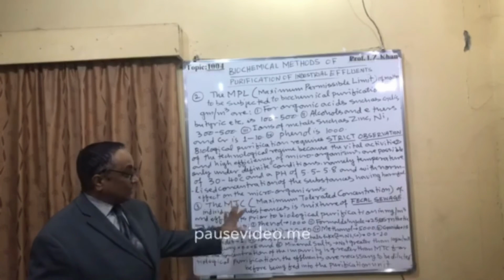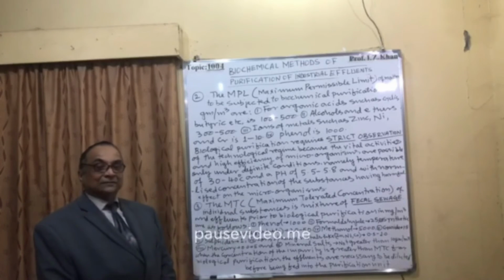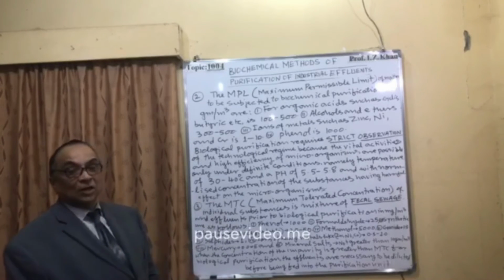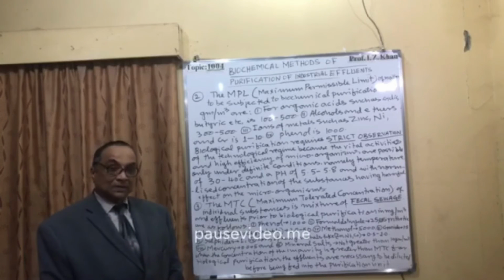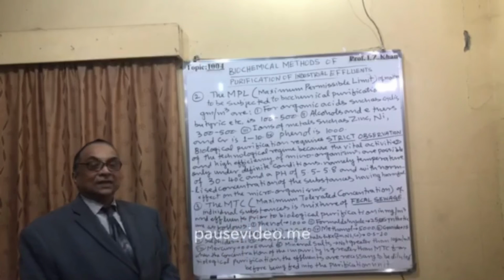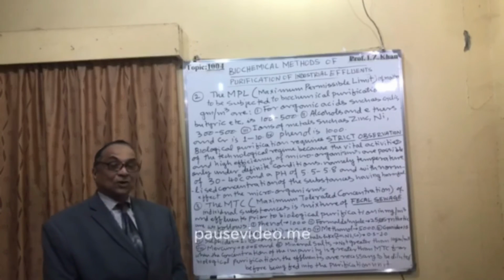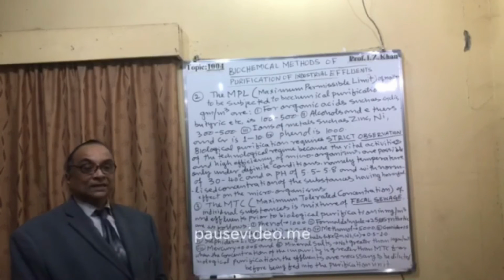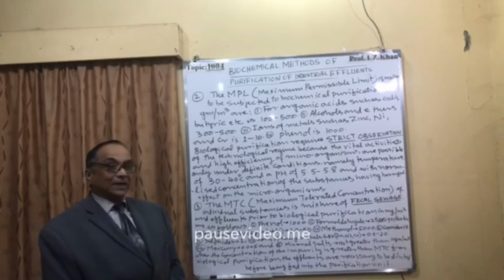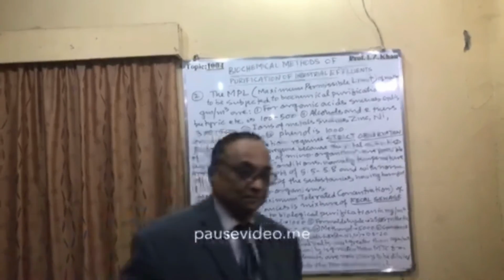So once you are going for biochemical purification, where you are going to use some bacteria or living microorganisms, you have to check these values, and if the concentration is more, then you have to dilute it. Otherwise, the biological purification will not take place.